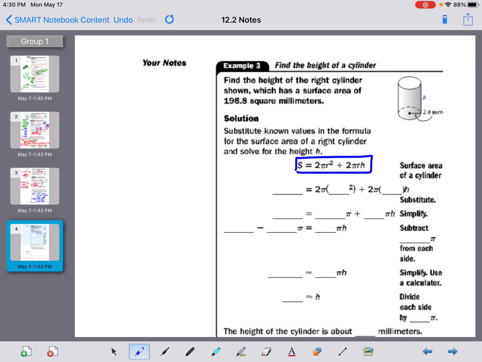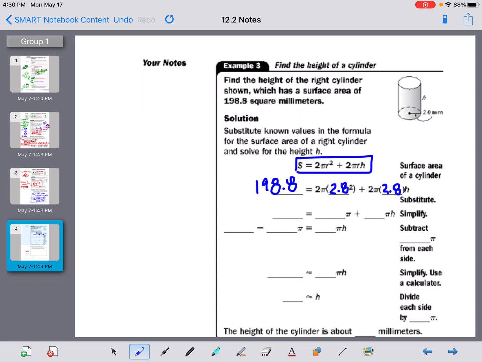They gave me a surface area of 198.8. I plug in the radius. I see the radius is that 2.8. Couldn't give me pretty numbers, could they? Plus 2 times the pi times the radius of 2.8 times h. So the only thing I'm missing is the h.